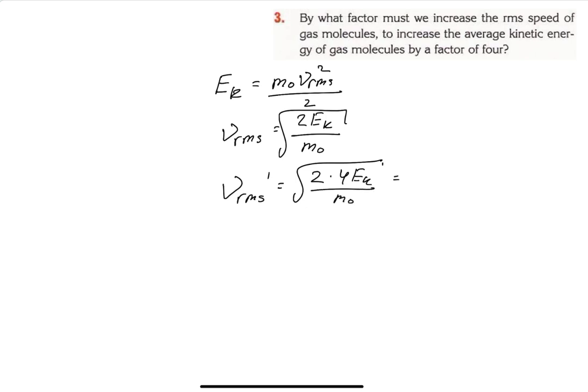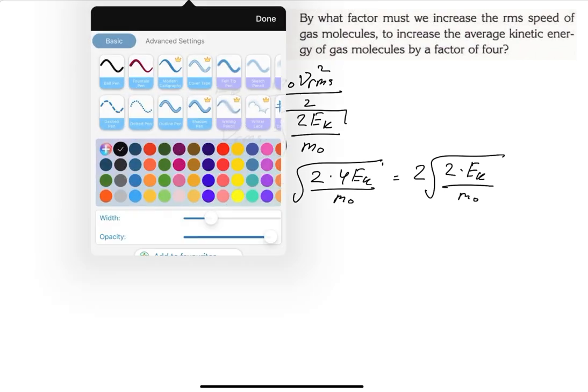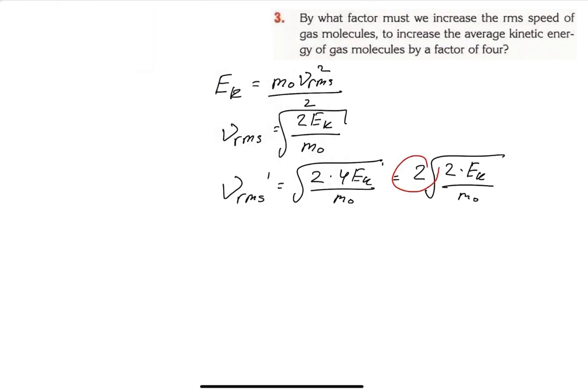So if I take the 4 out of the root, it's gonna be 2 times the square root of energy kinetic over m0. So the only difference of the new velocity RMS is this 2 here. That means we must increase it by a factor of 2.